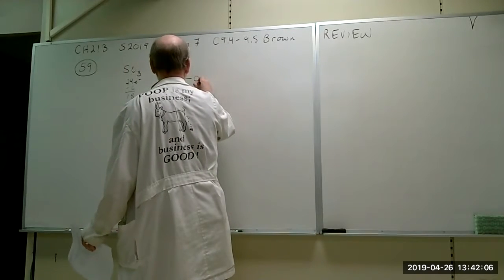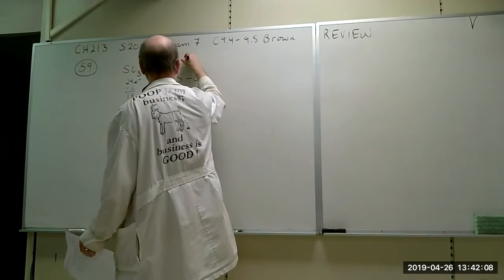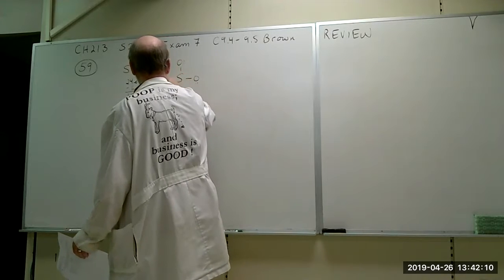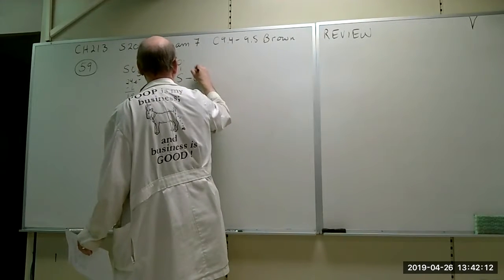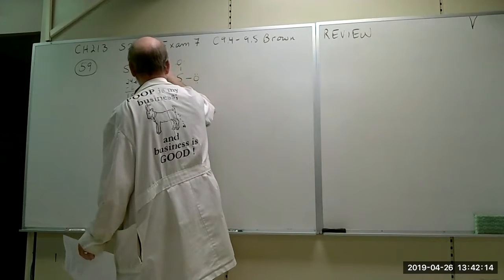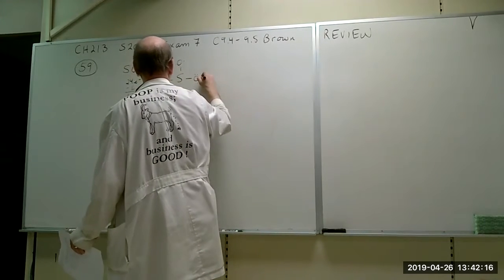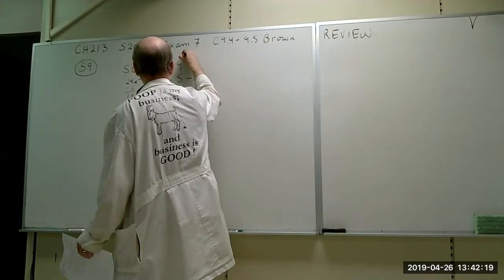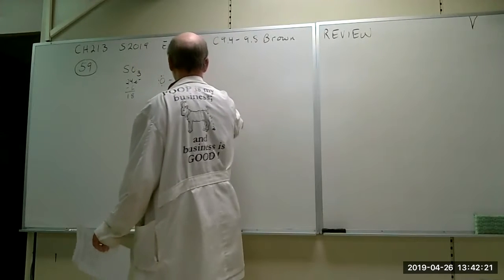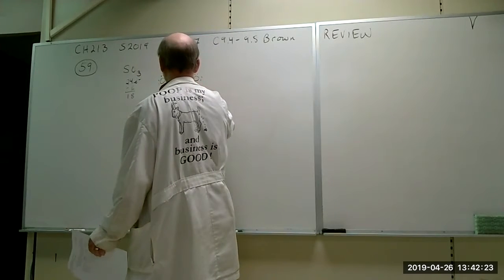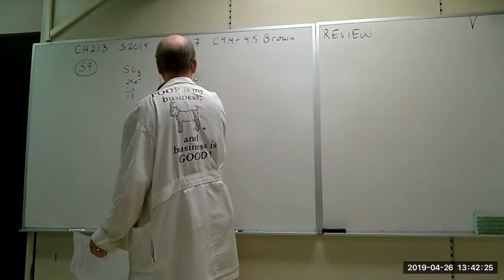So we got 2, 4, 6, 8, 10, 12, 14, 16, 18, and 6, 8 times 3 is 24.